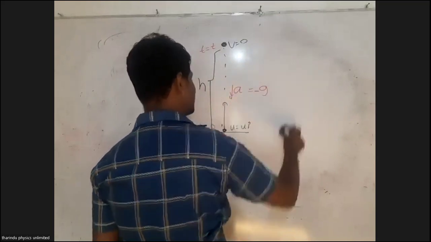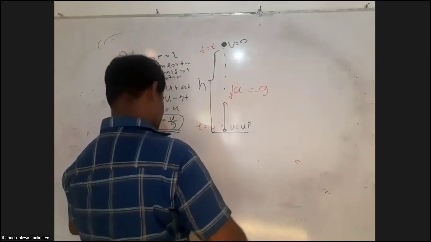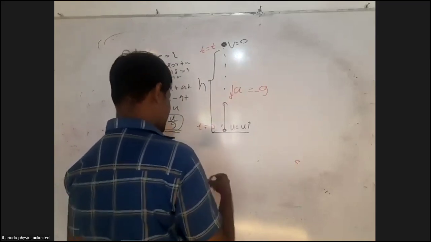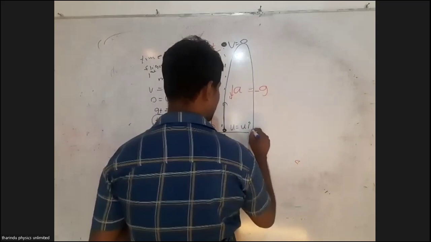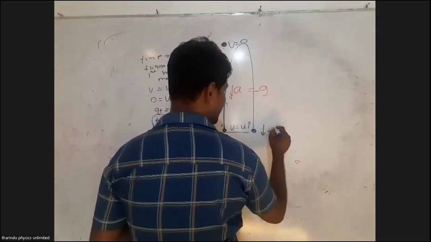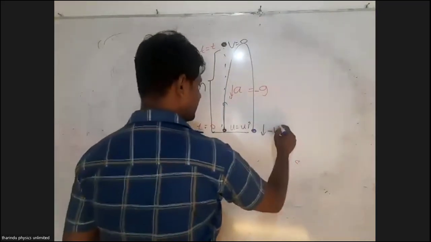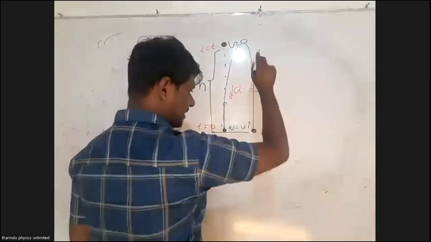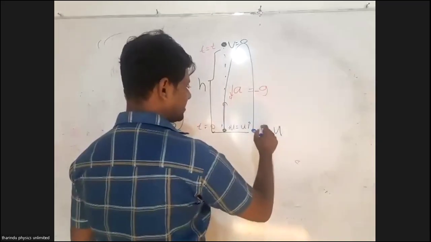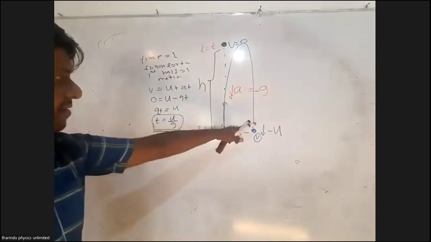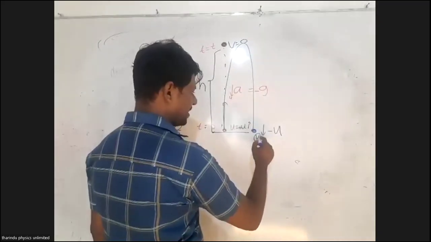This motion is an upward motion as well as a path downward. It reaches there and comes down, with the velocity downward being minus u. When the initial velocity is plus u, then when you change the direction, the final velocity is minus u.